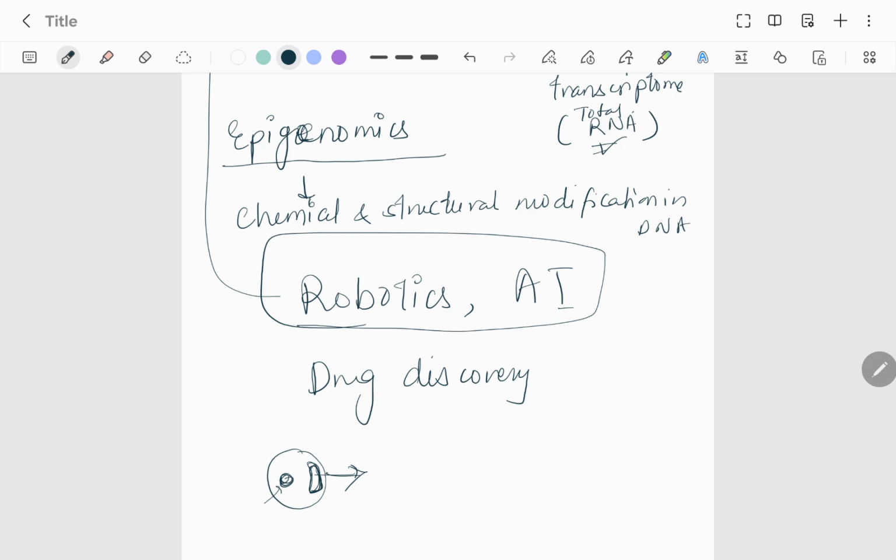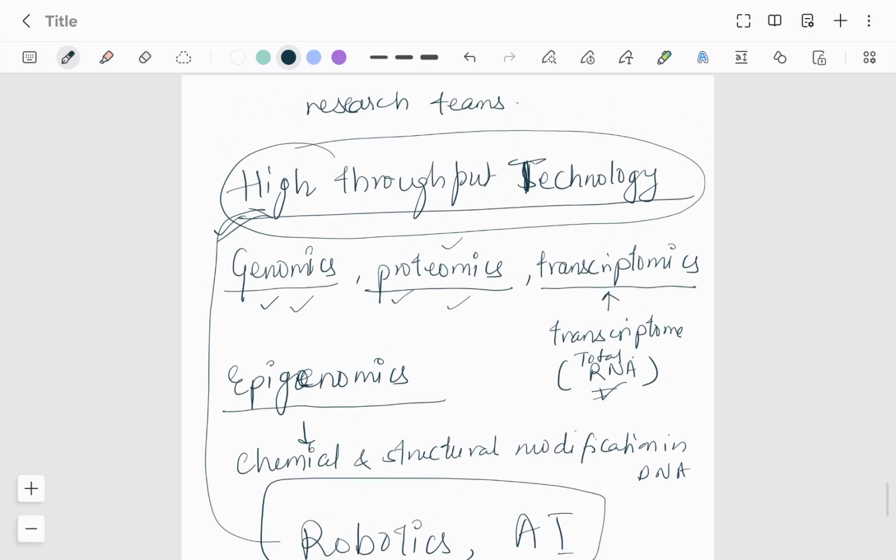They will take multiple cells, insert the bacteria, and then the new molecule. If it works against this bacteria, it can be a potential drug or medicine. At the same time, multiple molecules can be studied in multiple cells, and that is possible through high throughput technology.